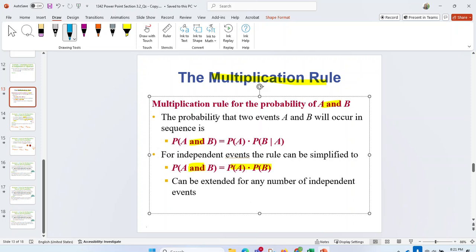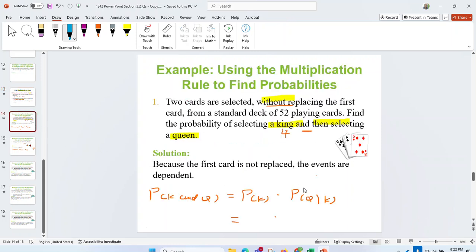If these two are dependent, now you use the probability of A times the probability of B given A has already happened. That's called dependent. It seems a little bit abstract, but we're going to have some examples.